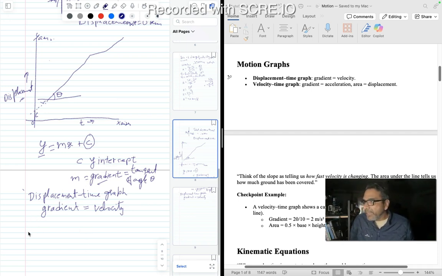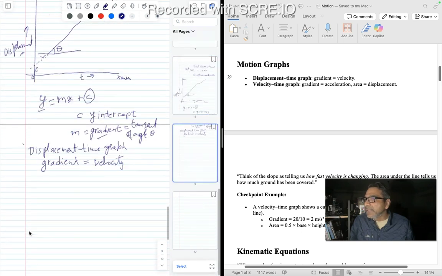Okay, next is the velocity time graph. So we have our y-axis. Oops. And this is our x-axis. Always represent the x and y axes.